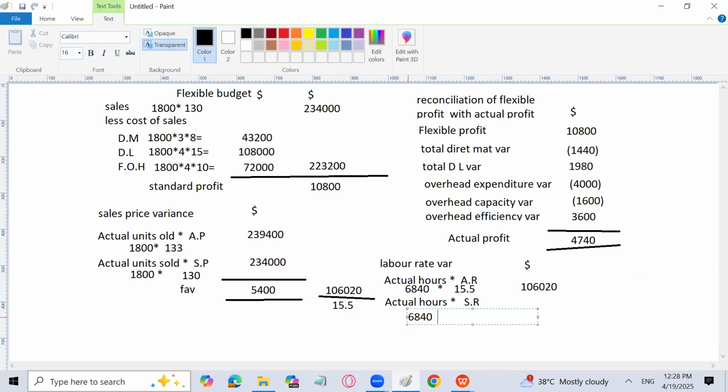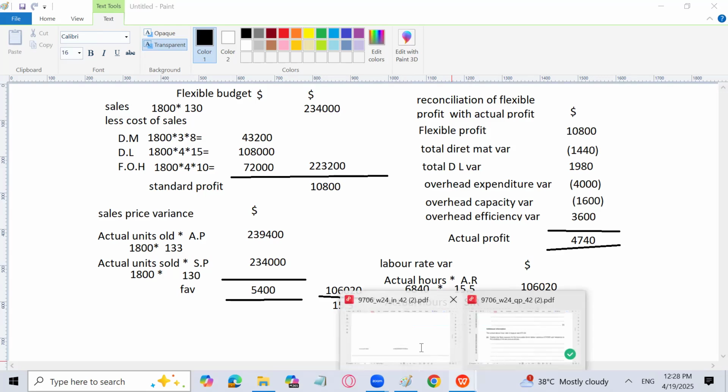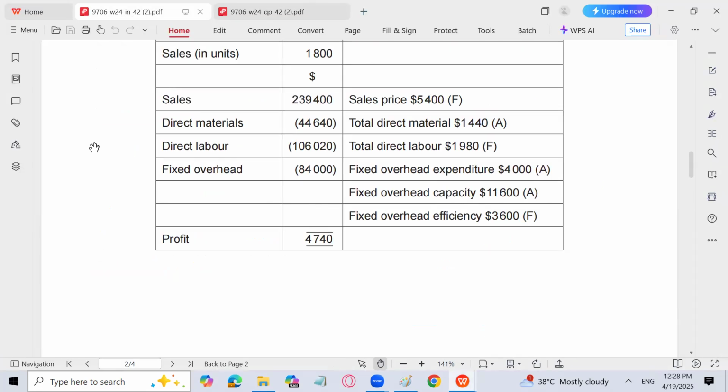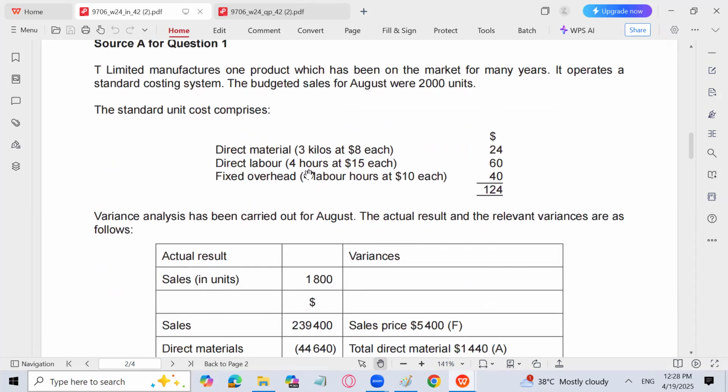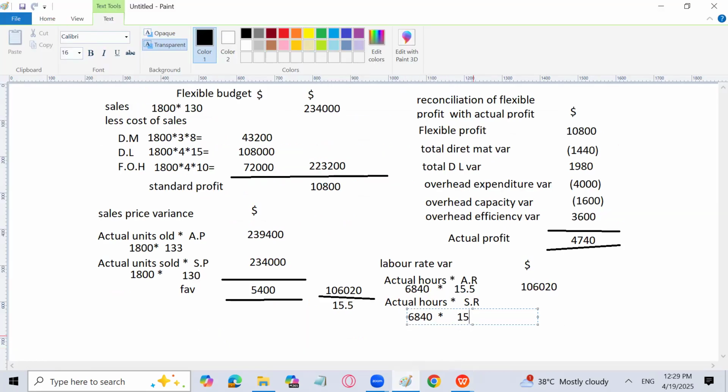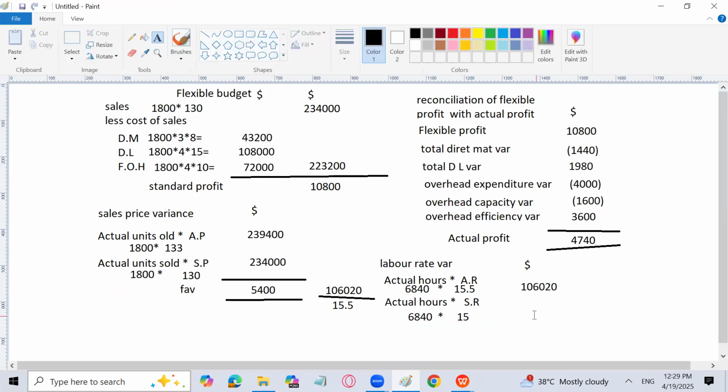That is 6840 into the standard rate for the labor. Let's see what is the standard rate for the labor. The standard rate for the labor is going to be 15, right? So it means that we are doing right. So I can calculate that. 6840 into 15 is 102,600.